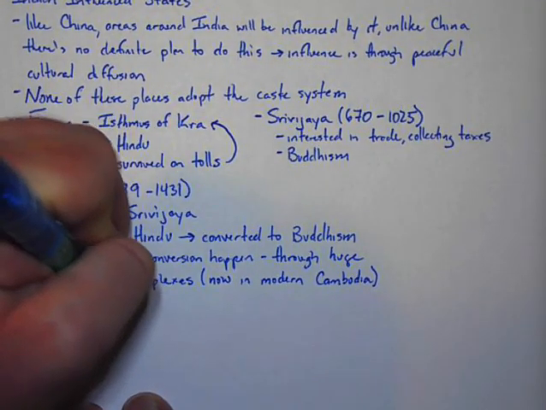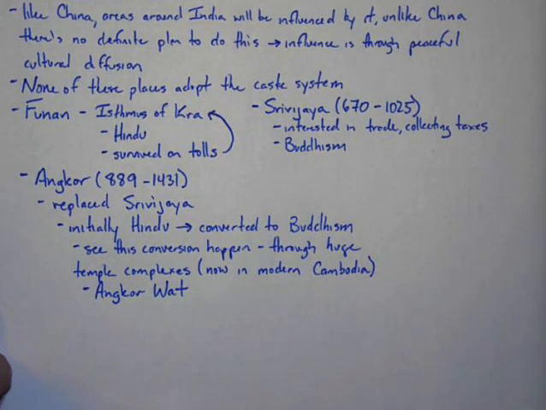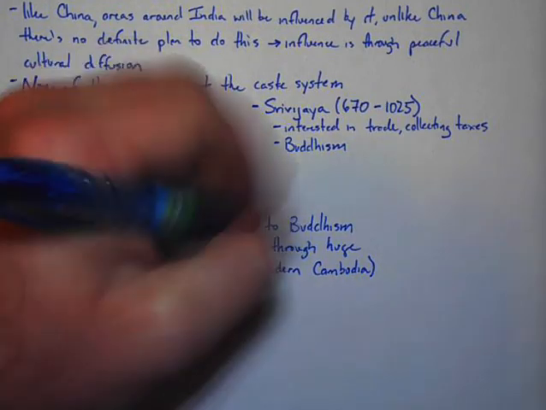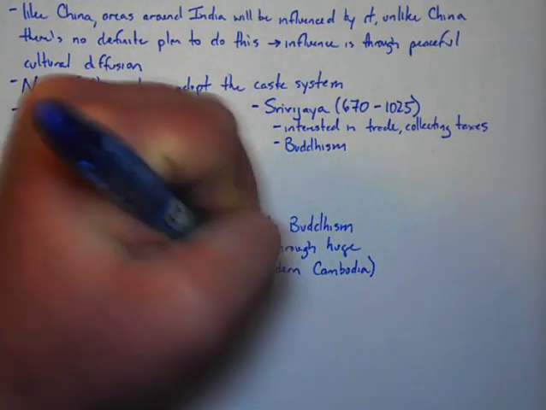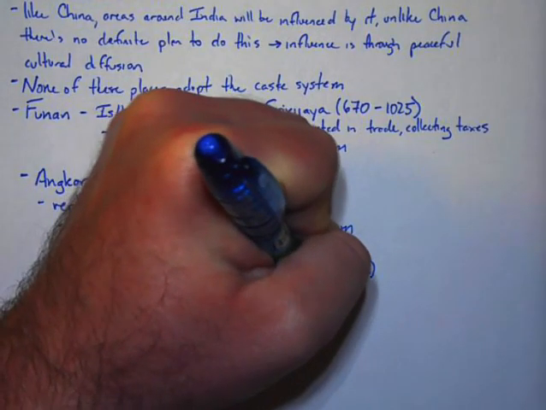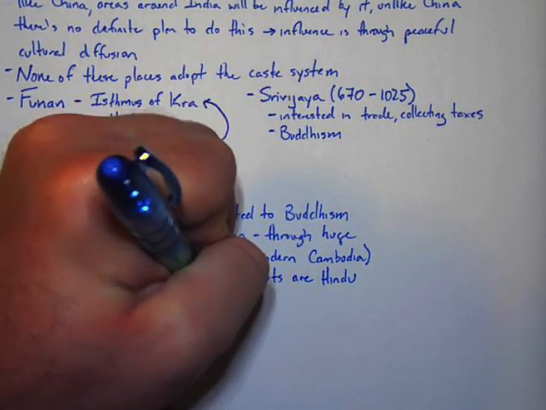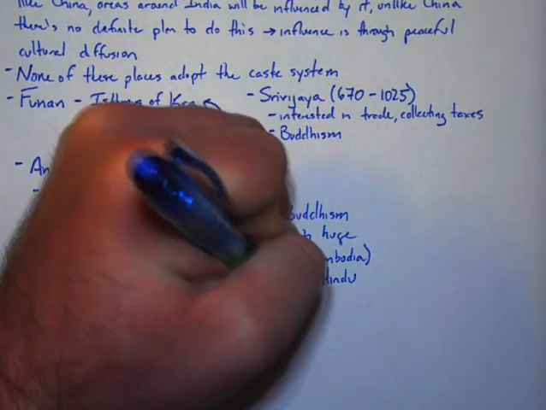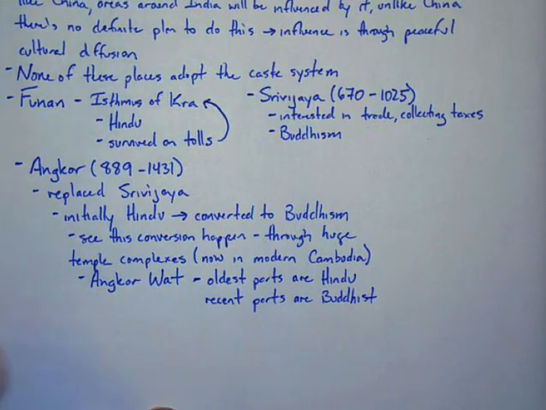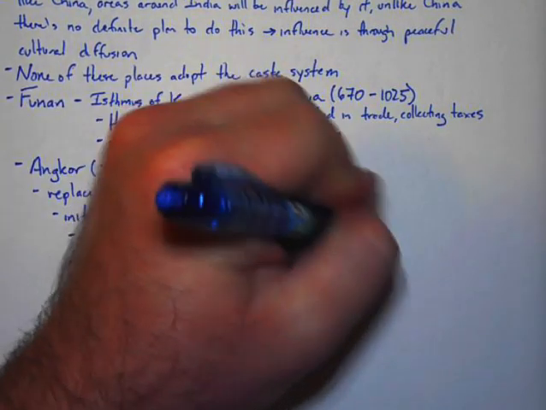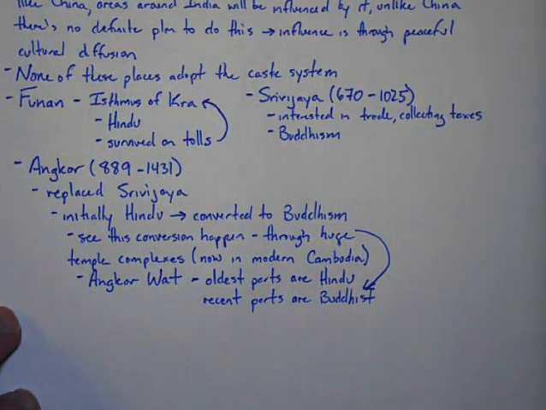The most famous of them is called Angkor Wat. And so what's interesting about Angkor Wat is that the oldest parts of it are Hindu. But the more recent parts are Buddhist. And so you can actually watch this conversion happen through a tour of Angkor Wat.